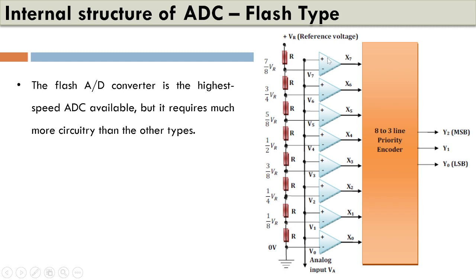Now the non-inverting terminals of all the operational amplifiers are tied together, and here we provide the unknown analog input, which we will denote as VA.